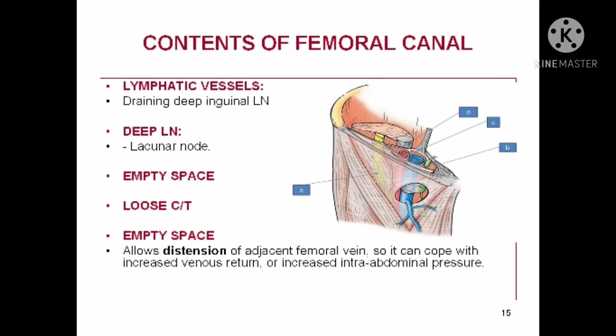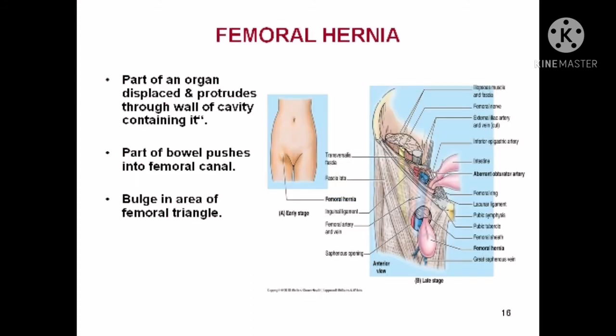The empty space is filled with loose connective tissue. The empty space allows distension of the adjacent femoral vein so it can cope with increased venous return or increased intra-abdominal pressure.